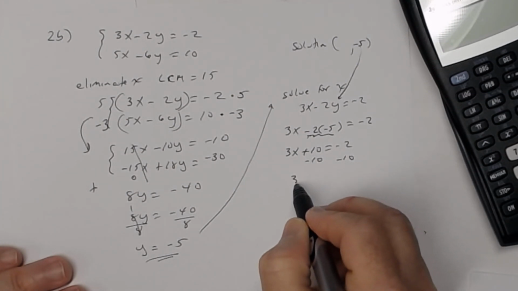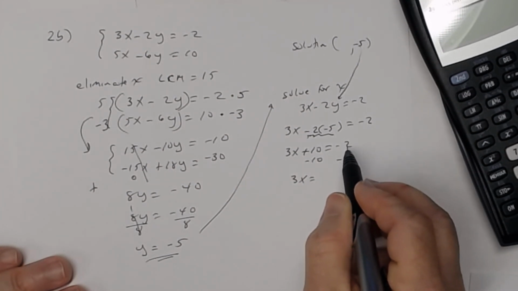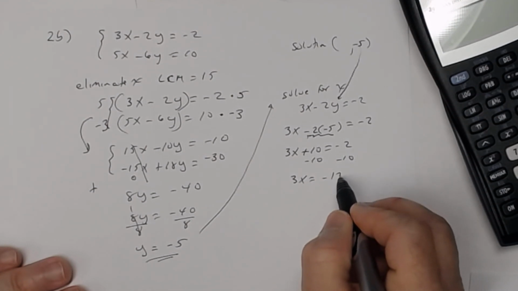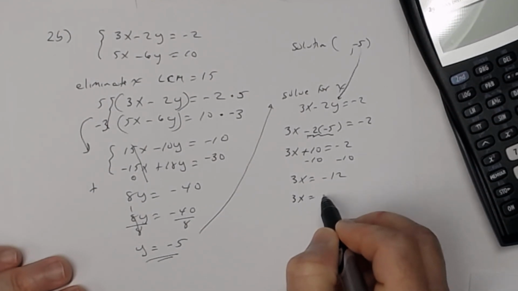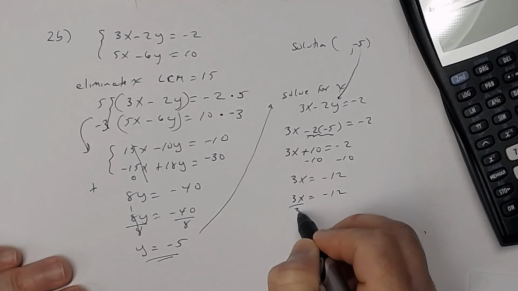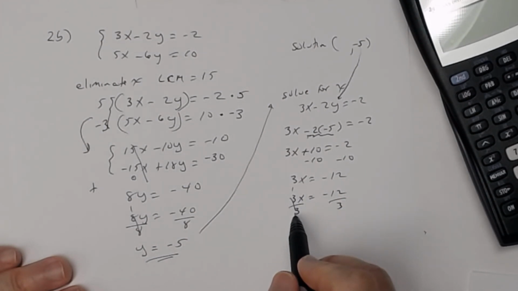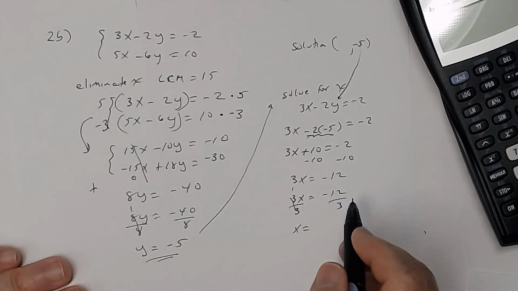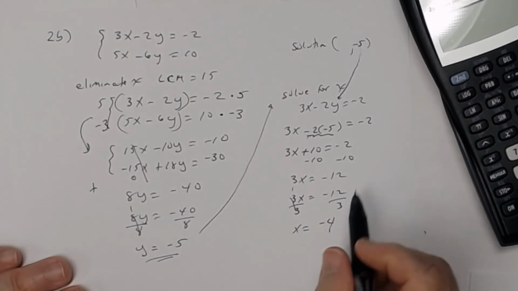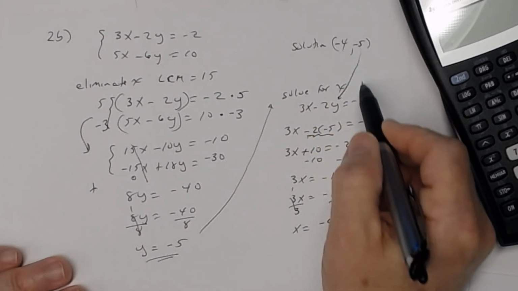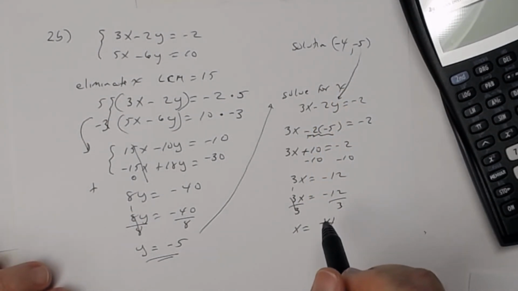And so I get 3x is equal to negative 2 and a negative 10, which is a negative 12. And then to get x by itself, we're going to divide both sides by 3. Reduce, I get 3 divided by 3 is 1. 1 times x is x, equal negative 12 divided by 3 is a negative 4. And so my solution is negative 4, negative 5.